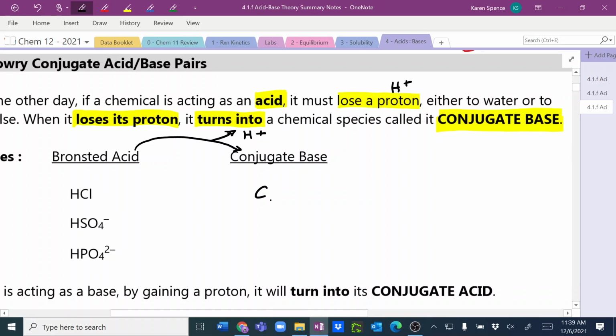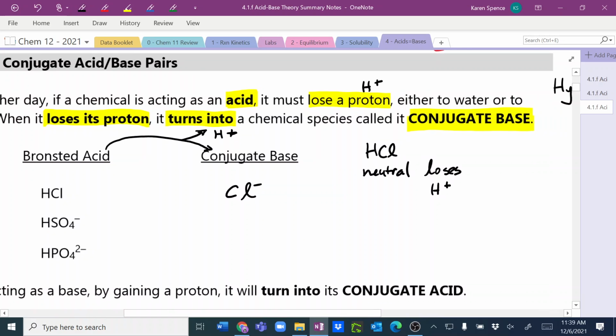Cl minus. Pretty straightforward, yes? And you have to remember that it's not just H that comes off, it's H with a positive charge. So HCl is neutral. If it loses H plus, it loses a positive charge, it becomes negative, yes?